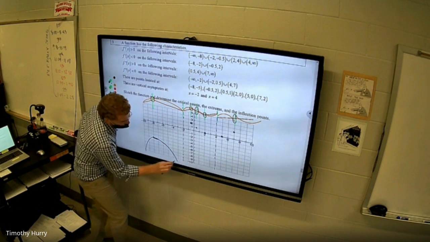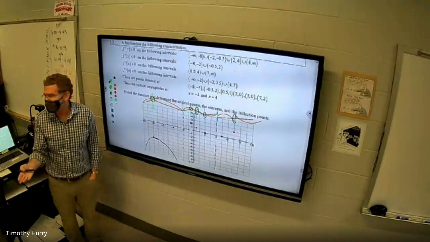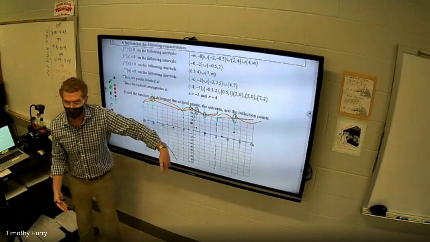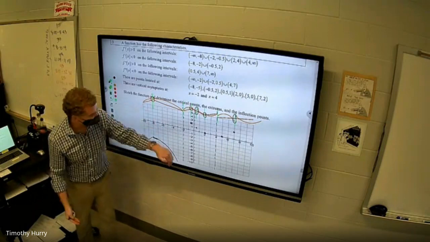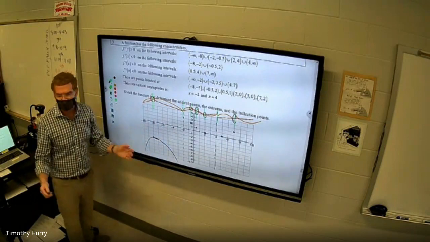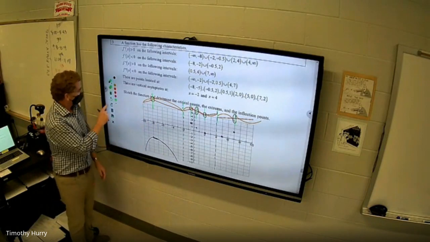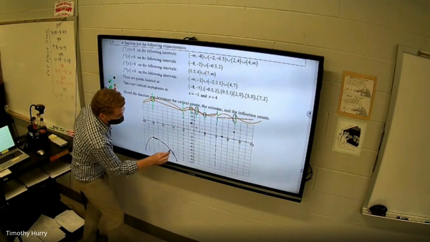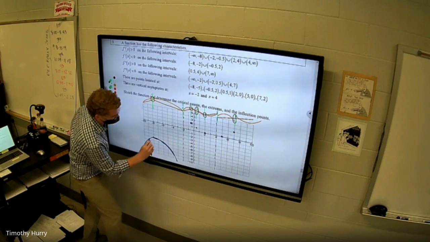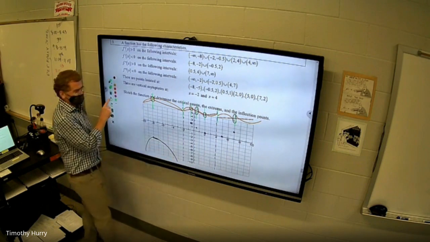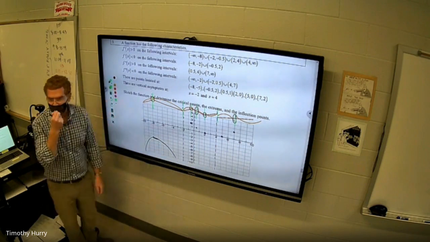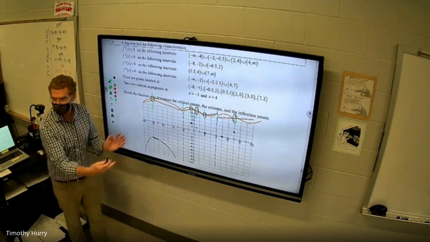I guess that, which kind of makes sense, doesn't it? Because there's a VA you're about to run into. So it looks like I'm just diving down there. Now, I'm very confident that the real graph looks better than this, right? So it's much more likely that this is nice and smooth through here. But again, I'm not looking for the most beautiful thing on the planet. So as long as the characteristics are there, you're okay.